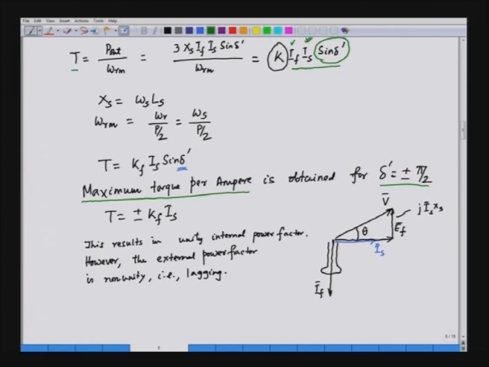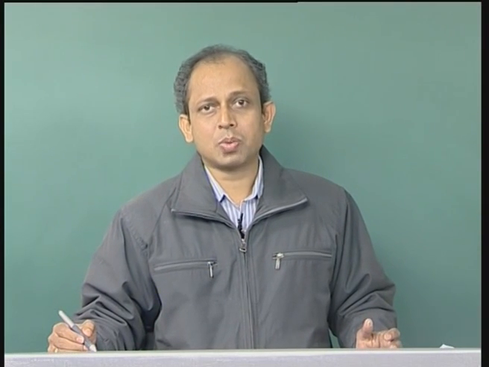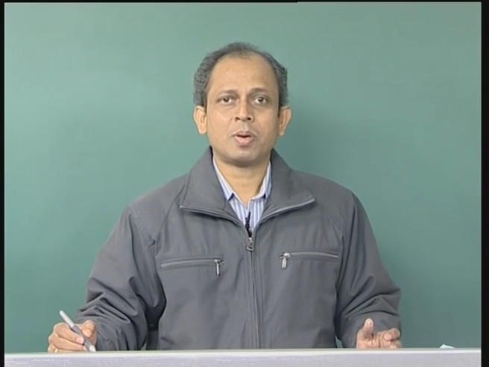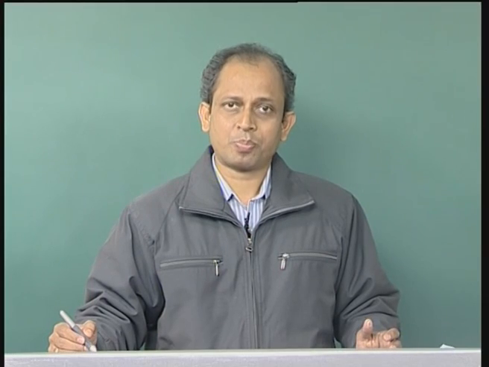We can make this delta prime, which is something like a torque angle, plus pi by 2 for motoring, in which case sine delta prime will be 1, and minus pi by 2, in which case sine of delta prime will be minus 1.